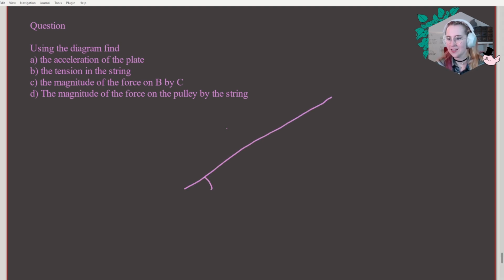We have an inclined plane. We love an inclined plane with 30 degrees. We have a block that weighs 5 kilograms. We have a pulley.